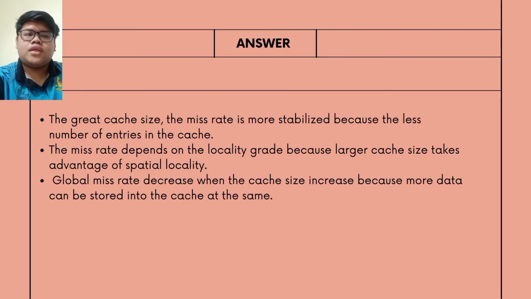So the answer is, with a great cache size, the miss rate is more stabilized because there are fewer entries in the cache. The miss rate depends on locality grade because a larger cache size takes advantage of spatial locality. Global miss rate decreases when the cache size increases because more data can be stored in the cache at the same time.